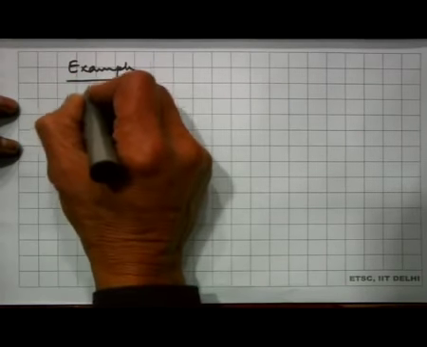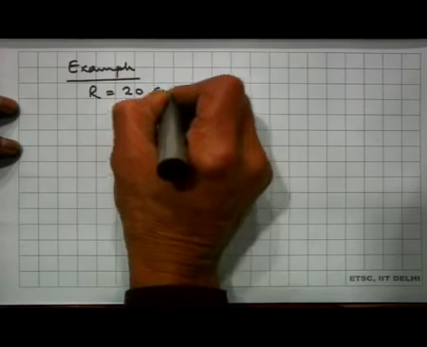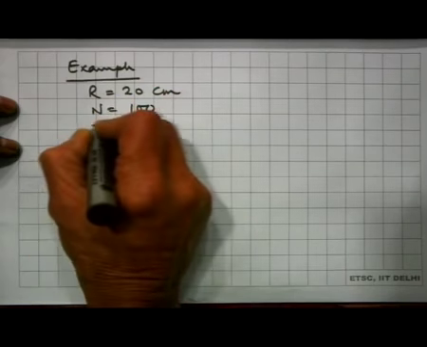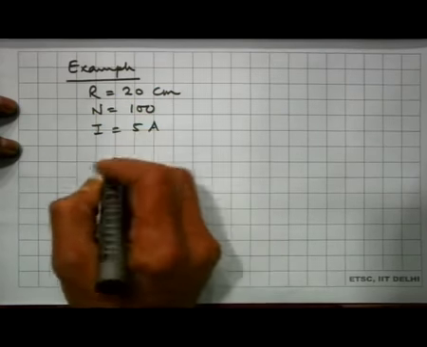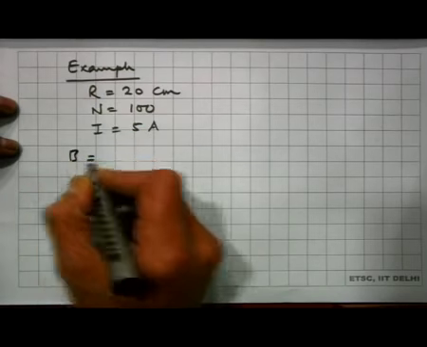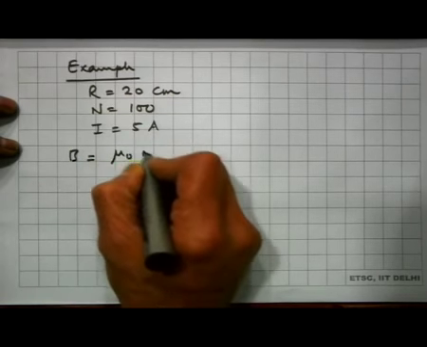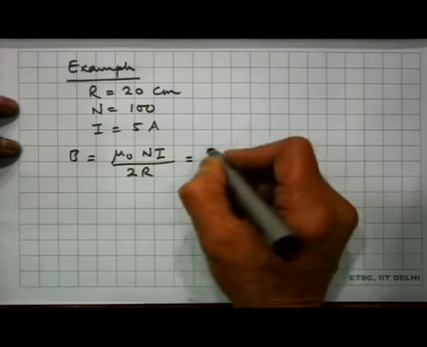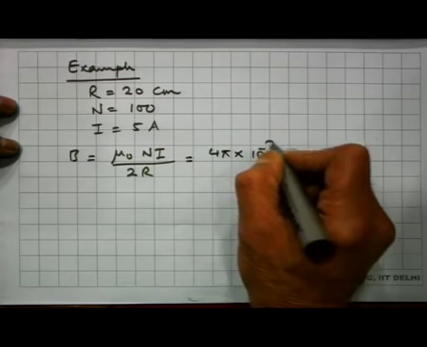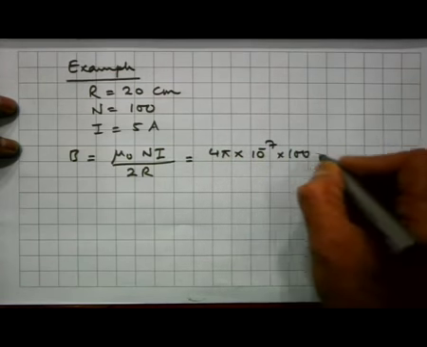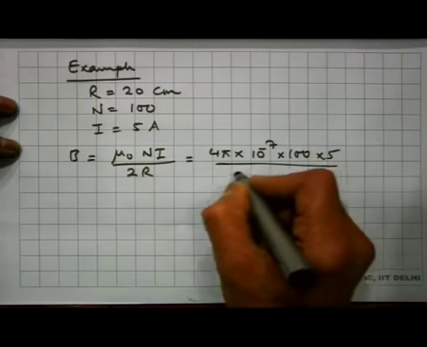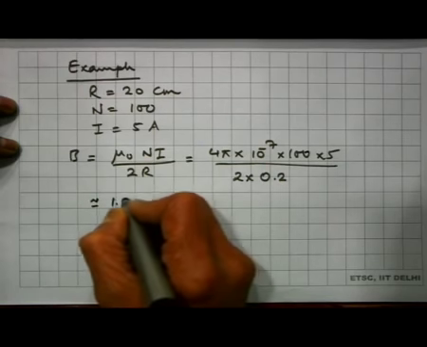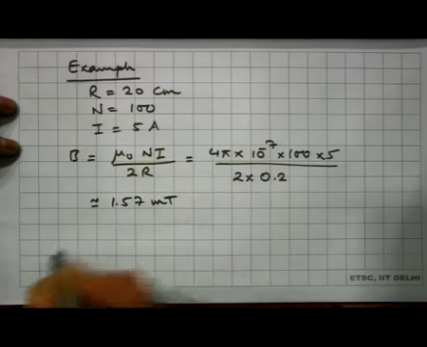So let me take a loop of radius 20 centimeters. Number of turns is 100, and the current I pass is 5 amperes. So the magnitude of the magnetic field at the center is given by mu naught N I by 2R, which is equal to 4 pi 10 to the minus 7 into 100 into 5 divided by 2 times 0.2, which is approximately 1.57 millitesla.